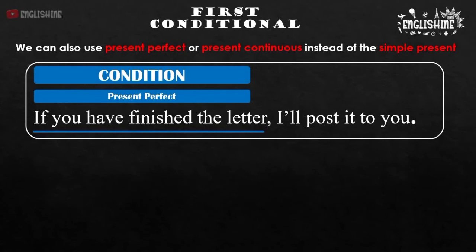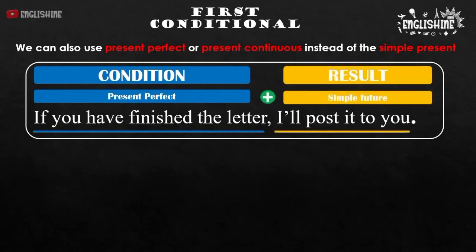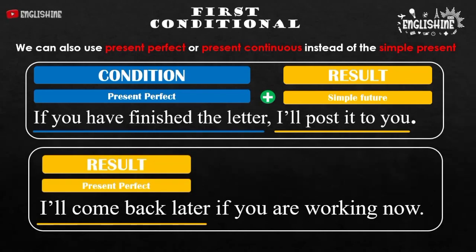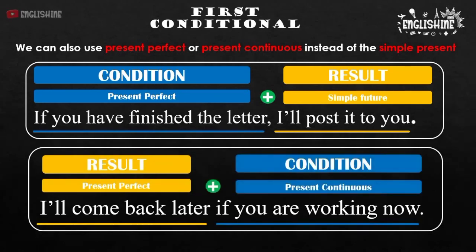If you have finished the letter, and the result is the same, that is simple future. I'll post it to you. Another example. I'll come back later if you're working now. We put the result at the beginning and we use present continuous for the condition.